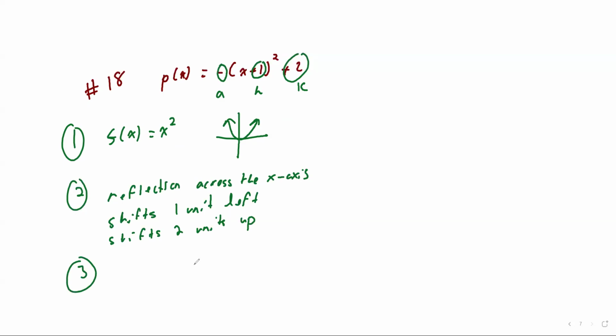So then if we had to sketch this, I'm going to use the origin, and that's what I'm going to move. So I'm going 1 unit left, 2 units up. This reflection, think about what the reflection would look like with just a reflection, and you would see that it would reflect down here.